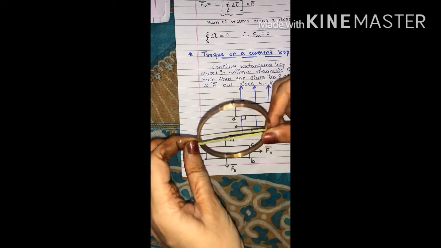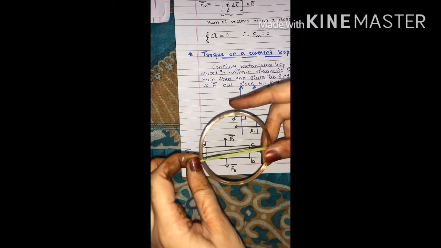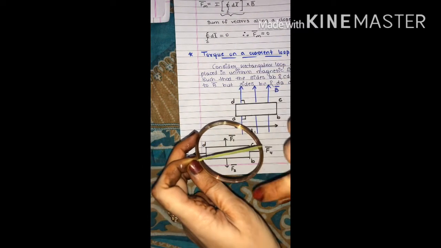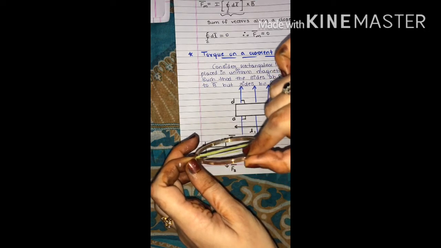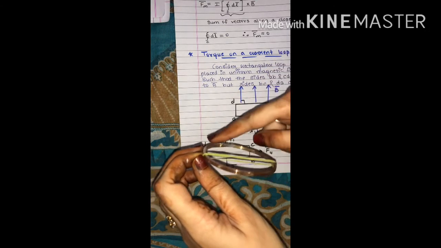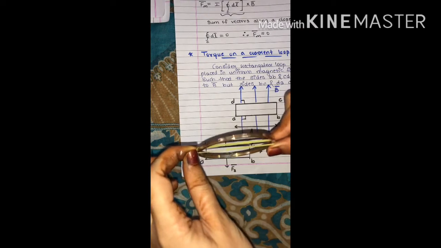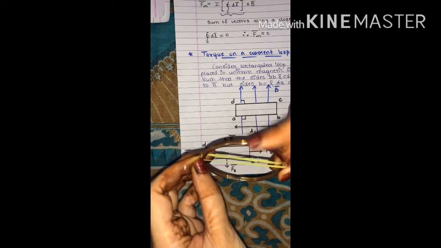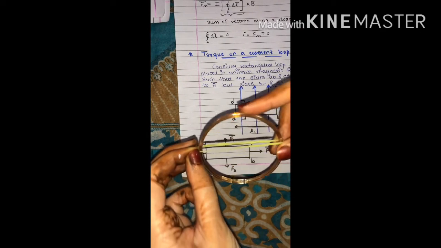If I hold it like this, due to these forces the coil is rotating. F1 is taking the coil towards the left, and F3 is taking the coil towards the right.